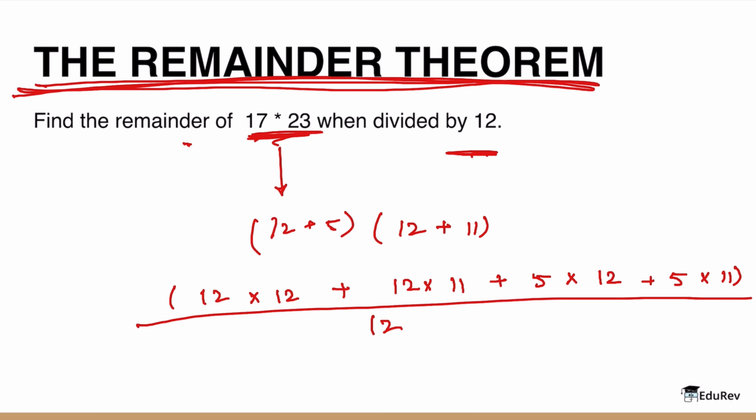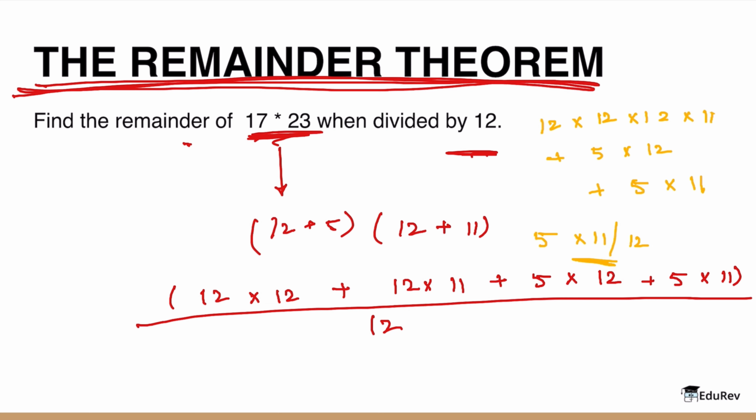It will only depend upon the last term, which basically means that 12 times 12, 12 times 11 and 5 times 12 are all divisible by 12, so this is going to give the same remainder as 5 times 11 divided by 12, which is nothing but what?